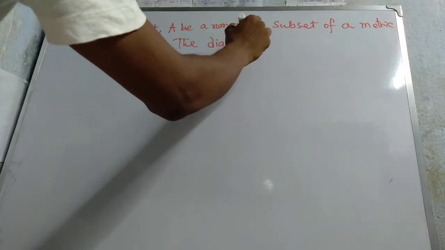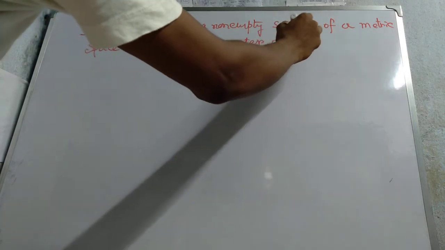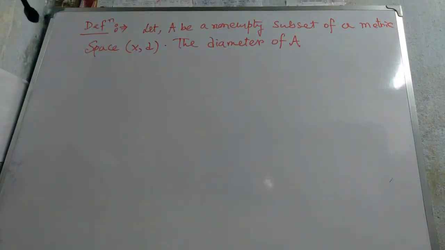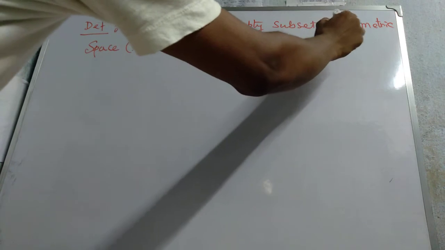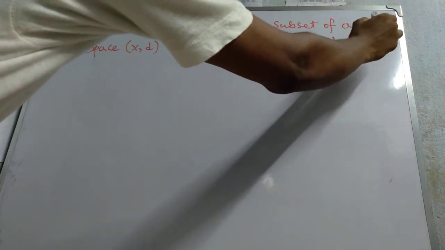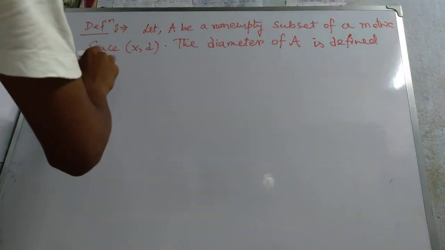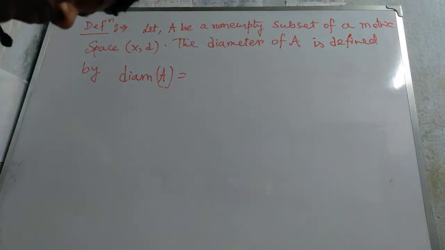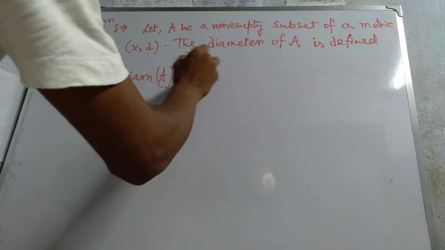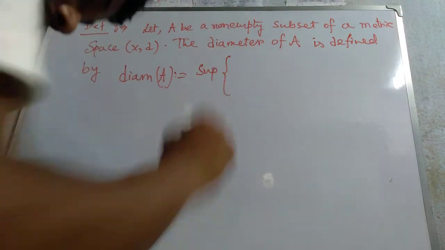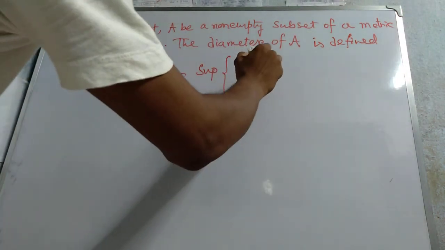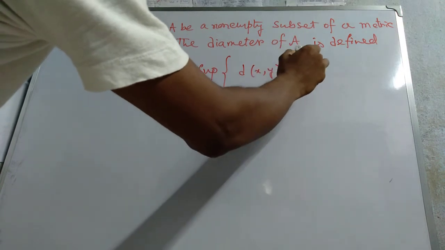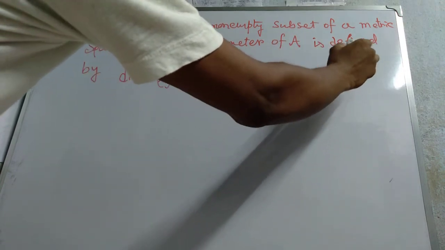The diameter of A is defined by diameter of A equals the supremum of d(x, y) such that x, y belong to A.